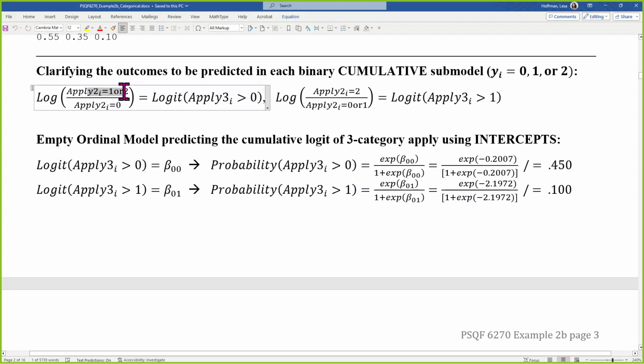So I'm focusing on the numerator here. Likewise, the second submodel is the log of the odds of the probability of a 1, but now 1 is a choice of 2. And the alternative, a 0, is lumping together 0 or 1.